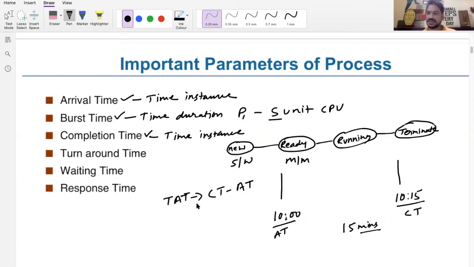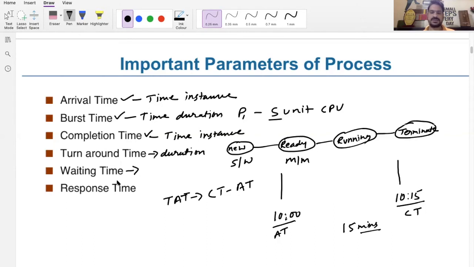Now there is another way how we can define turnaround time. Turnaround time is nothing but a time duration. Okay. Next is waiting time.